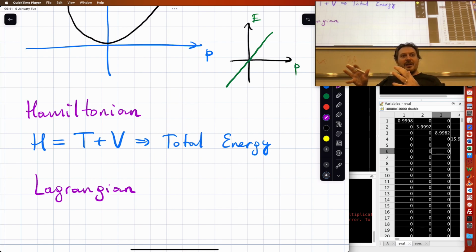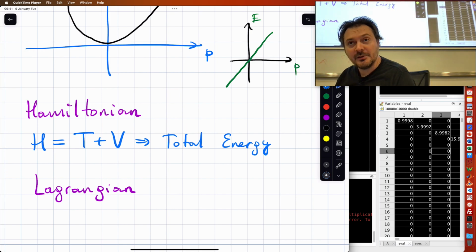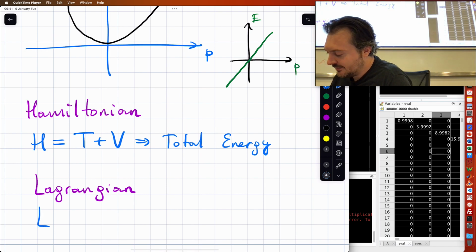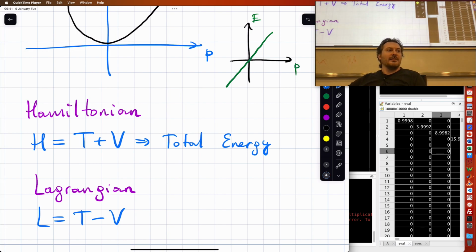It doesn't seem to have any physical significance, except that it appears in the deepest law of nature that we have. Okay? Lagrangian is kinetic energy minus the potential energy. Just take it or leave it, okay? Lagrangian is this.